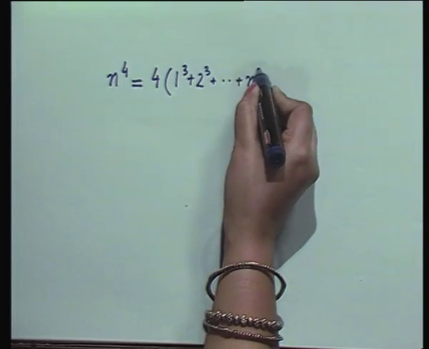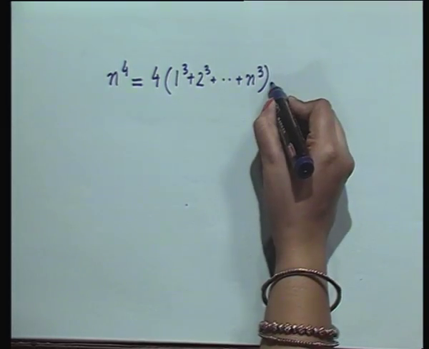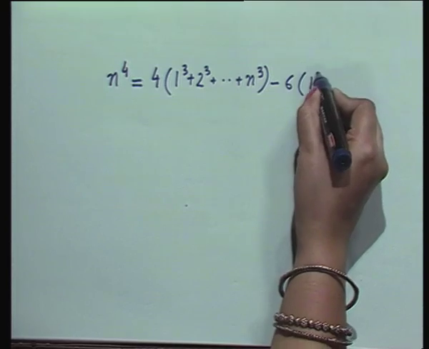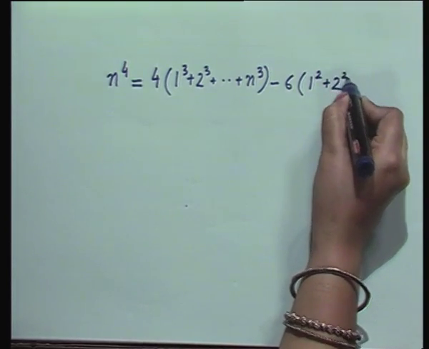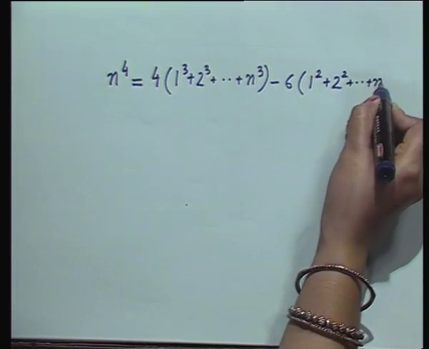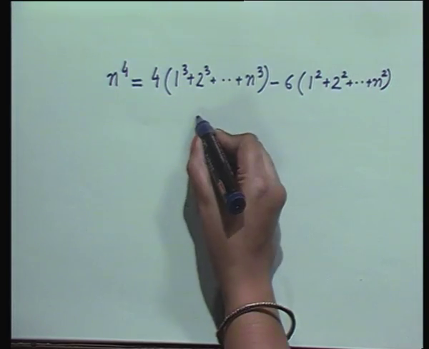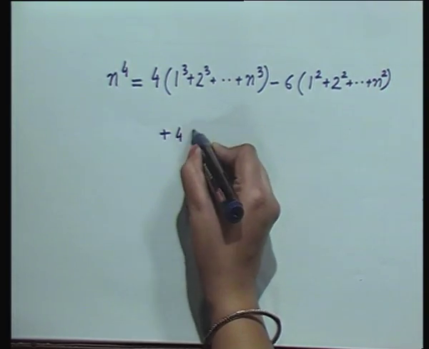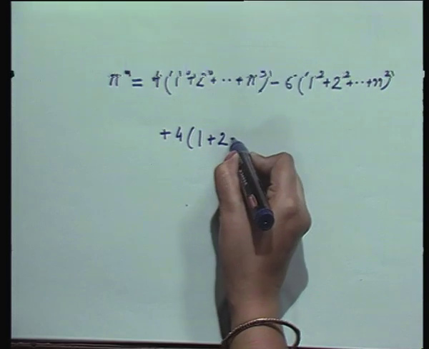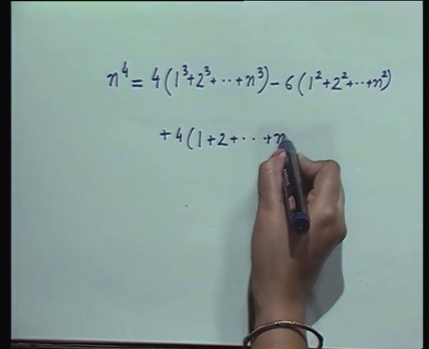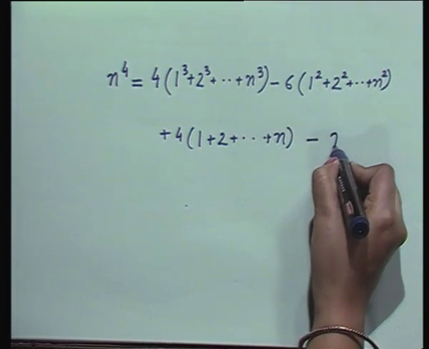and the right hand side will be 4 into (1 cube plus 2 cube up to n cube), the second term minus 6 into (1 square plus 2 square up to n square), plus 4 into (1 plus 2 up to n), and 1 added n times I am writing directly now as n. Now what is left is substitution of the results derived earlier.